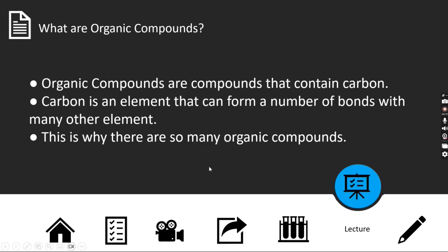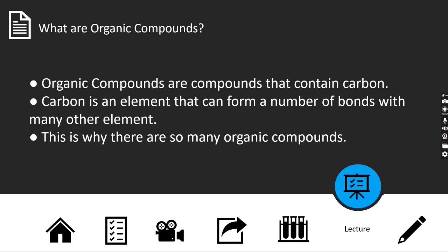All right. Organic compounds contain carbon and hydrogen. For this course, you can just remember carbon, but technically CO2, carbon dioxide, is not considered an organic compound because it doesn't contain both carbon and hydrogen. So, carbon is an element that can form a number of bonds with many other elements.